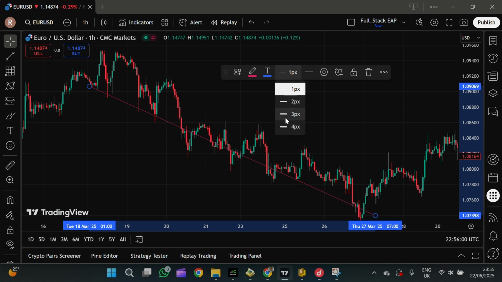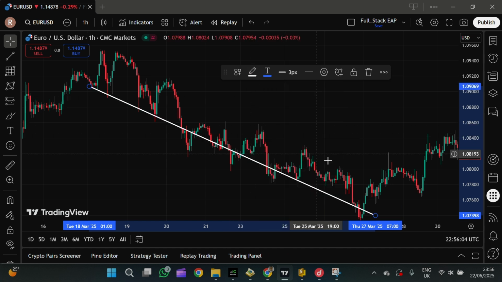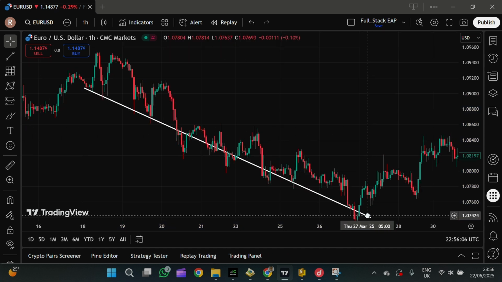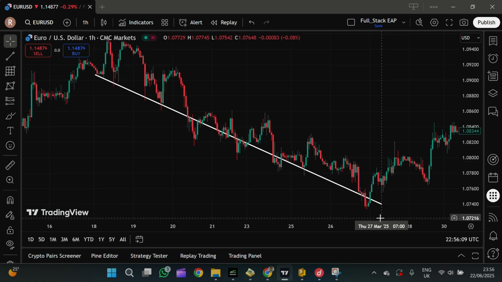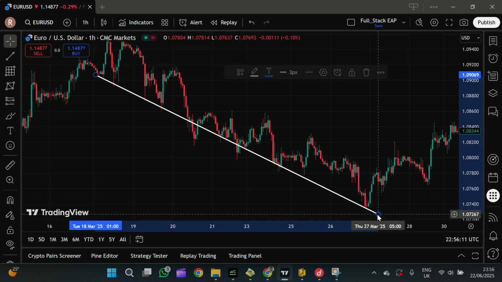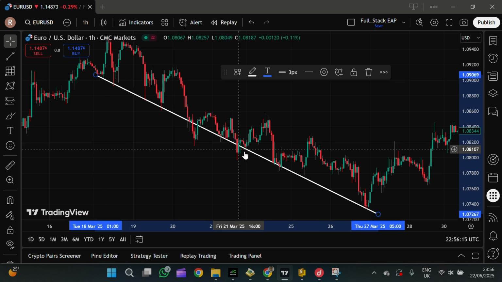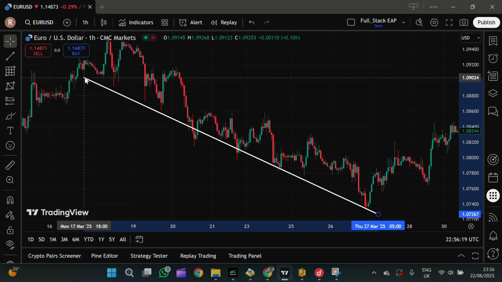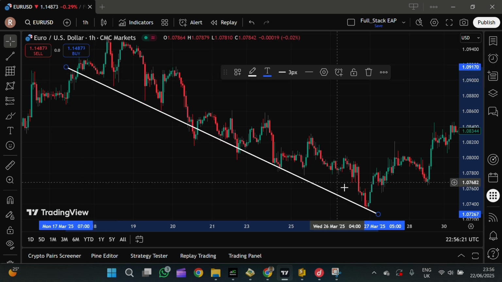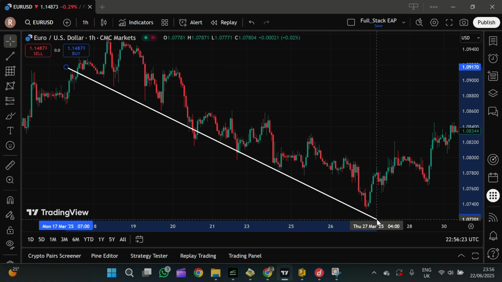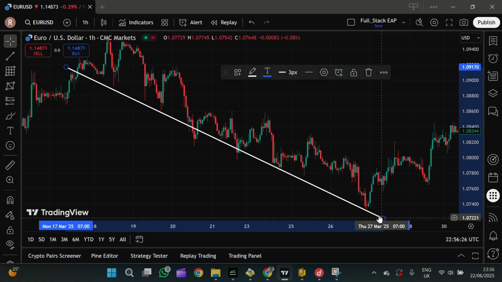I'm going to give it this and then give it a white color. All right, so this now cuts across the swing lows. I think we need to make it something like this. All right. Okay, so that's it. So it cuts across the swing lows.